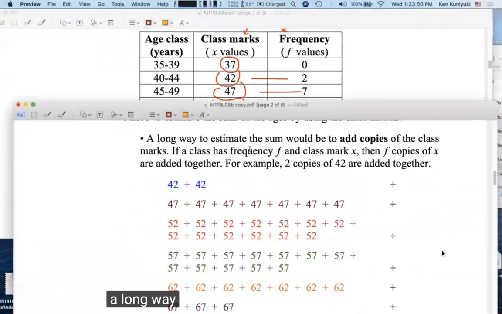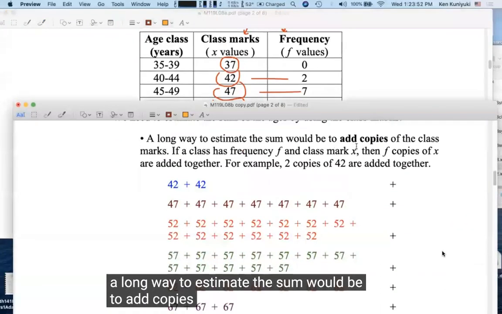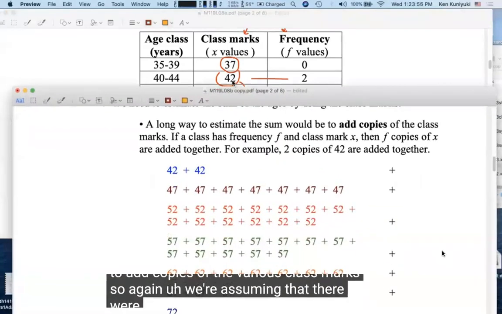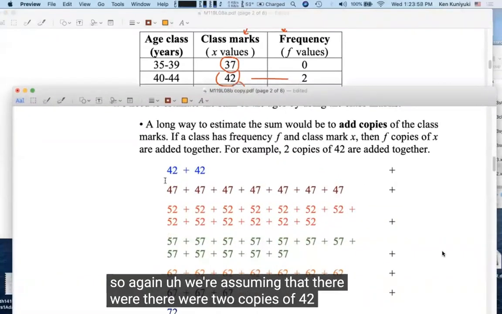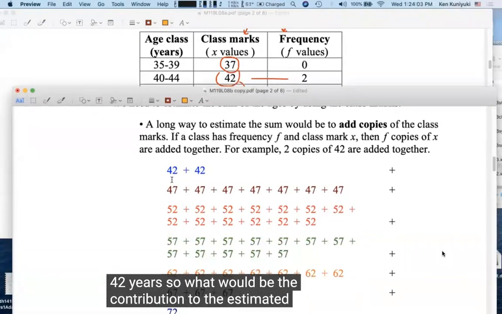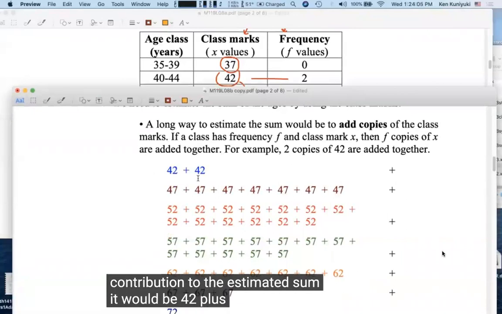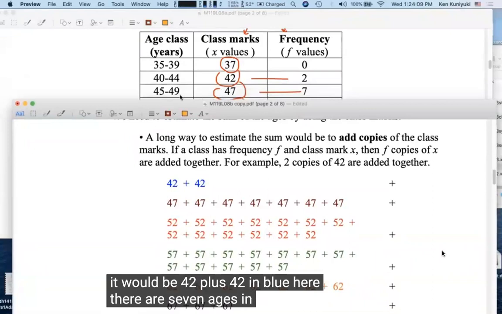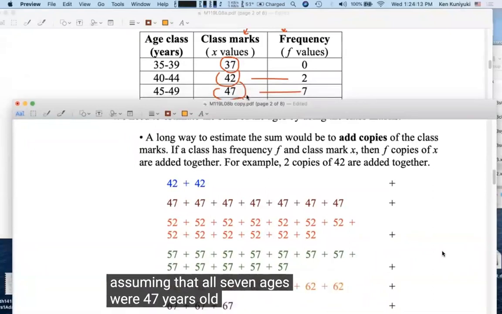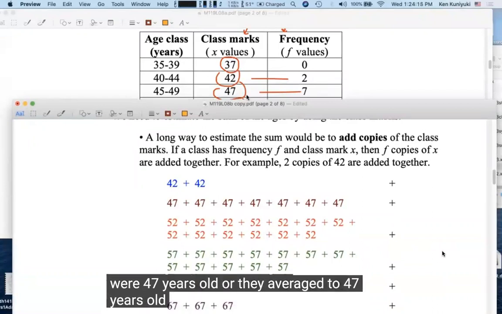A long way to estimate the sum would be to add copies of the various class marks. So again, we're assuming that there were 2 copies of 42 years. So what would be the contribution to the estimated sum? It would be 42 plus 42 in blue here. There were 7 ages in this class. We're assuming that all 7 ages were 47 years old, or they averaged to 47 years old.